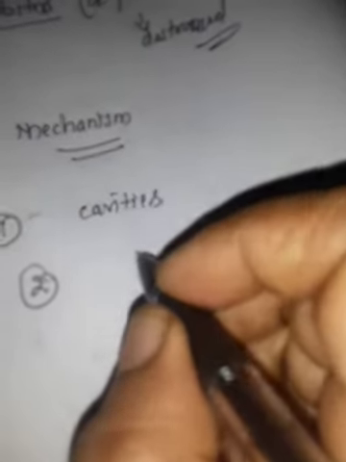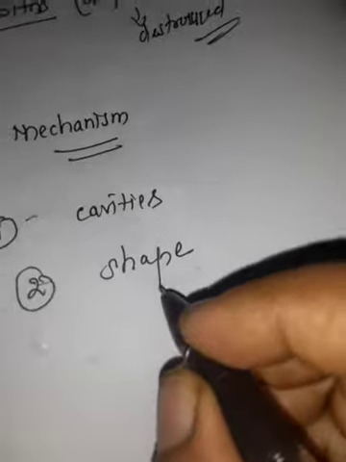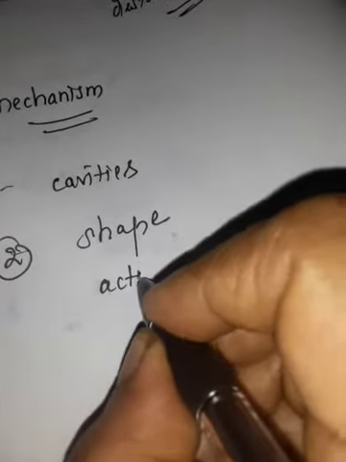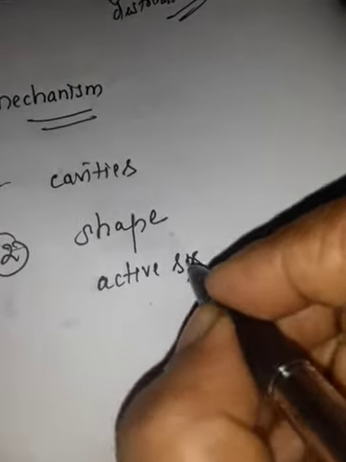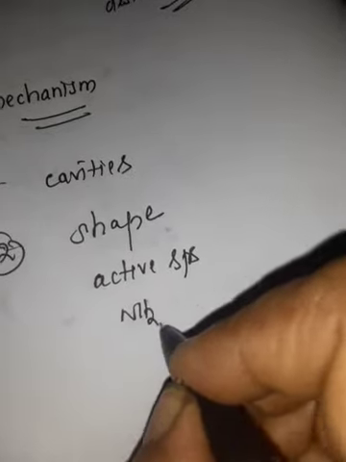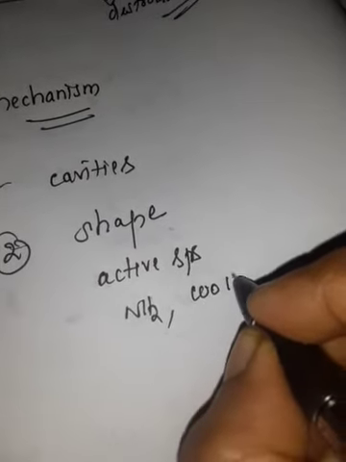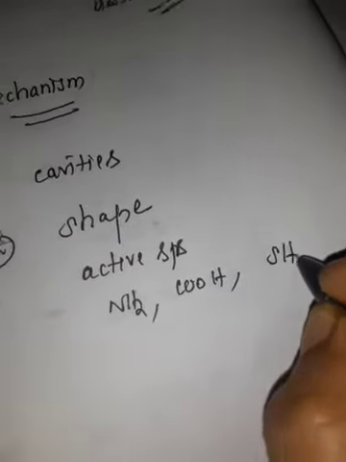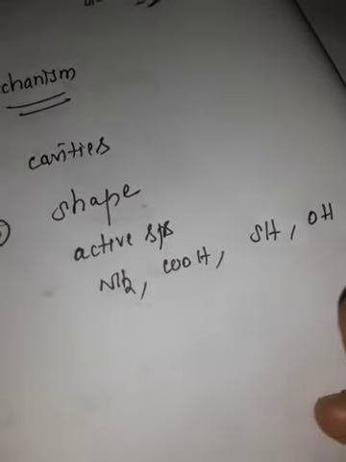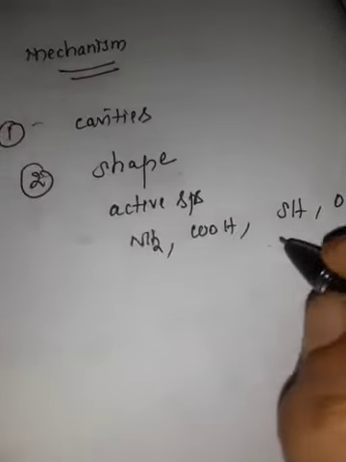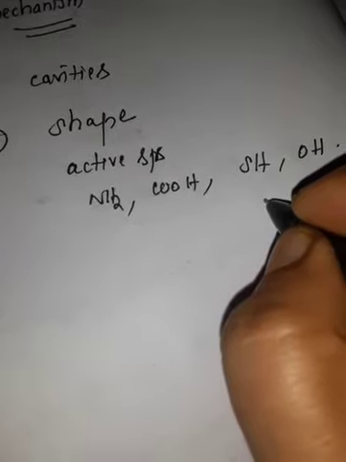These cavities are of characteristic shape and possess active groups such as NH2, COOH, SH, OH, etc. These are called active centers on the surface of enzymes.